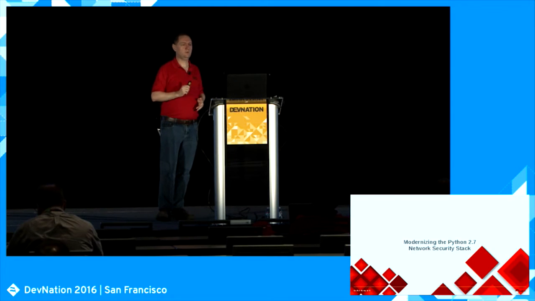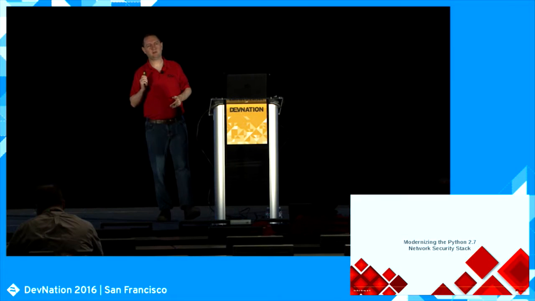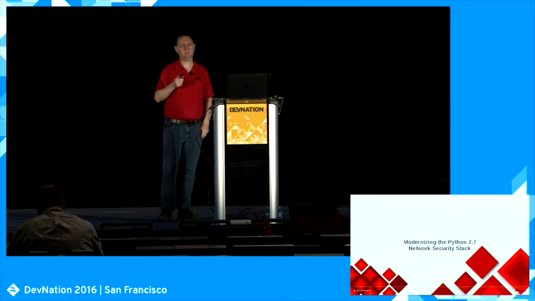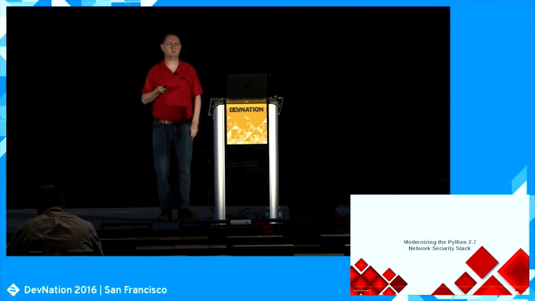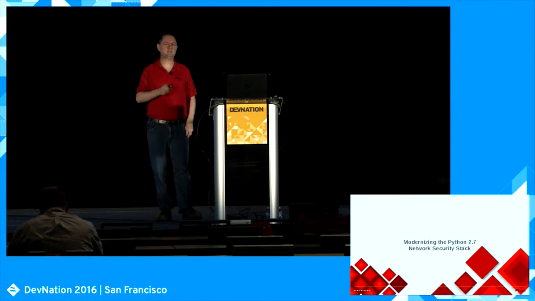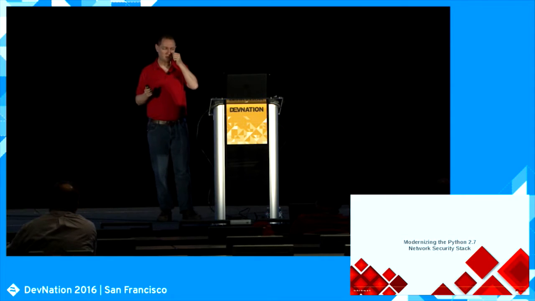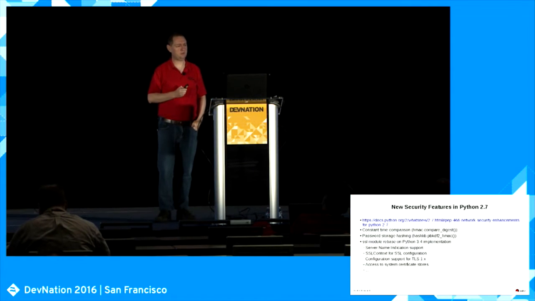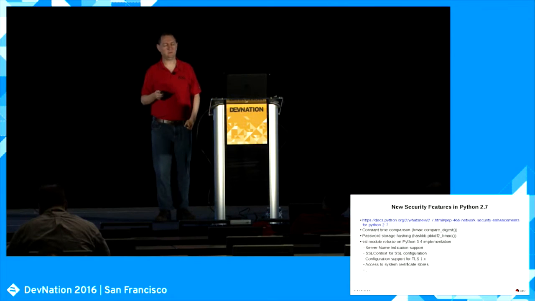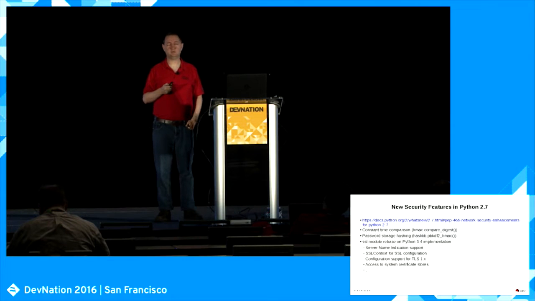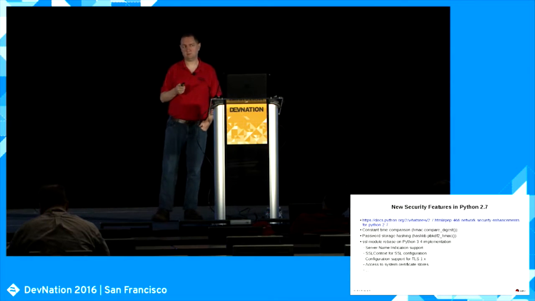So one of the things that came out of the migration, though, is that when we switched our attention upstream to working on Python 3, the Python 2.7 networking stack got stuck back in 2010. And that actually turned out to be a problem. So what happened upstream was one of the biggest rebases ever done in a Python 2.7 maintenance release, which was in Python 2.7.10, I think it was.